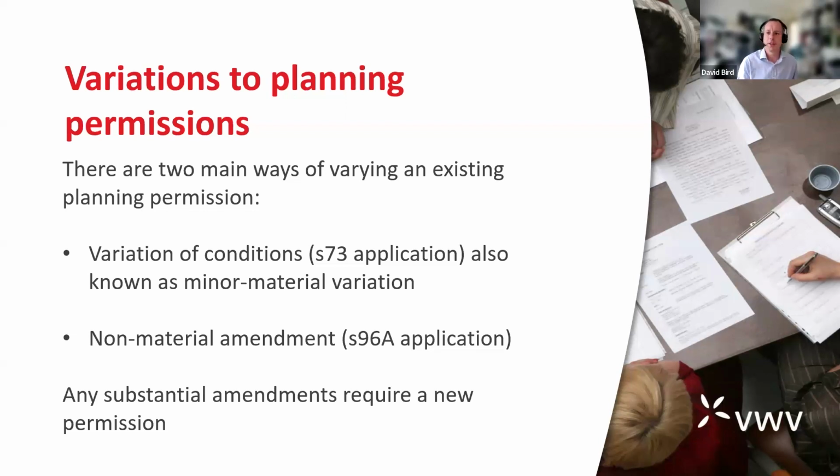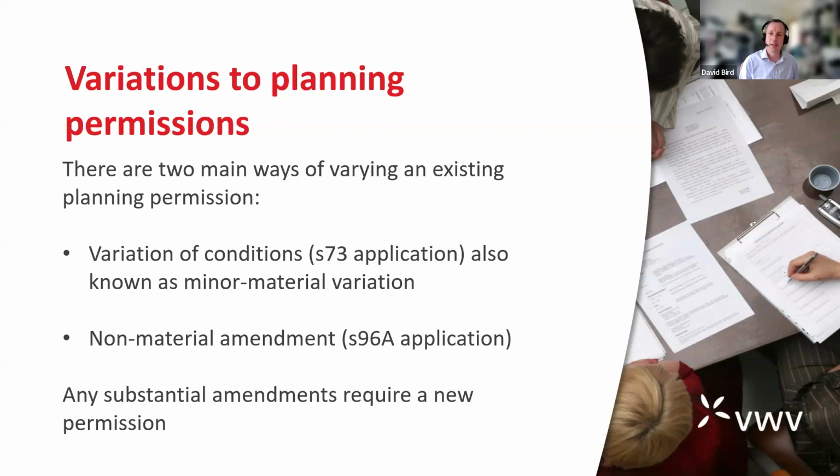So first to note that where any proposed modifications to an existing planning permission are fundamental or substantial, a new planning application will need to be submitted. There is no power to make substantial amendments to an existing planning permission. But where there are less substantial changes that are proposed, there are these 2 options.